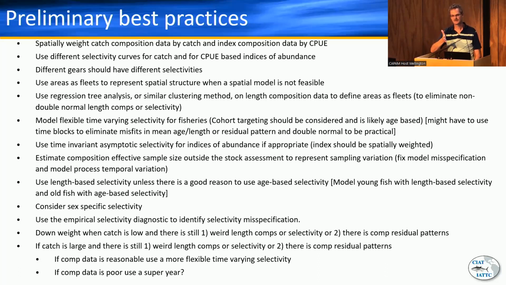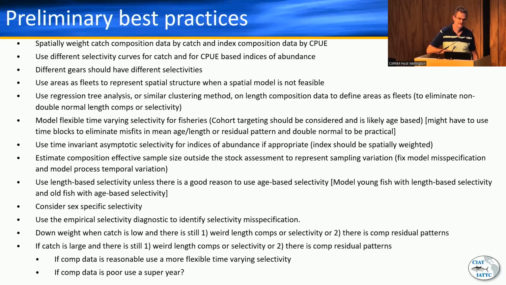If you're just using the comp data you've got, obviously you're misrepresenting the fish that are being removed from the population. And it's unclear to me at what level you would actually get some bias by doing that. So I think it's much better to divide out the fisheries, at least by gear, and have time varying selectivity for each of those fisheries, as long as the model is computationally possible to converge and things like that.